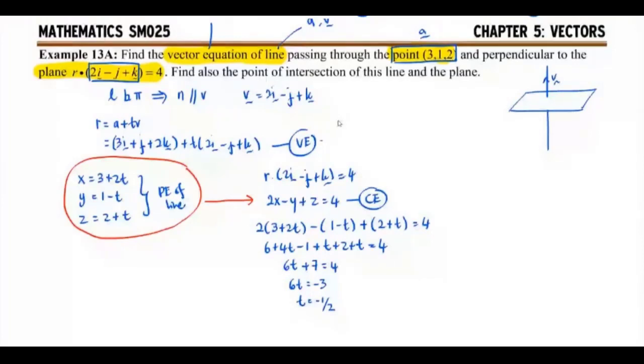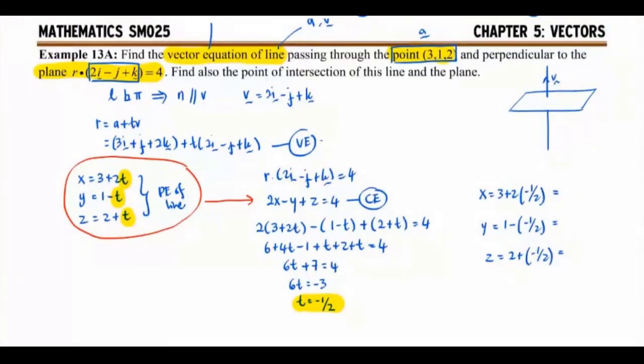So once we have got the value of t, here, we will substitute back the value into your parametric equation here. We will put t in here. Okay, so it means we're gonna have x equal to 3 plus 2 times -half. Let's find the value. y is 1 minus -half. And then the z will be 2 plus -half. Okay, what do we get for x? 2.